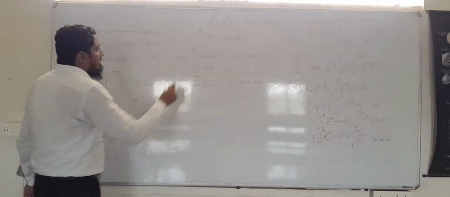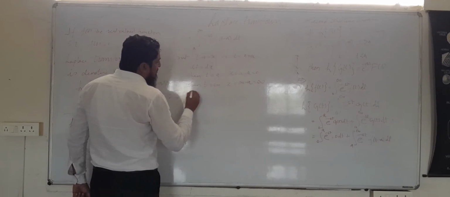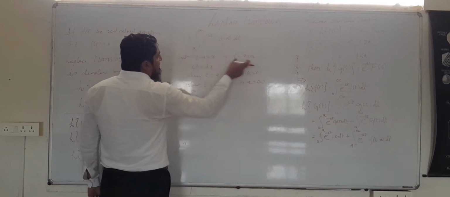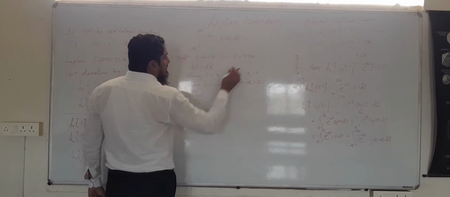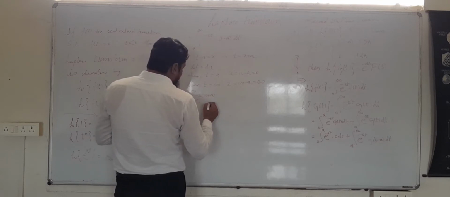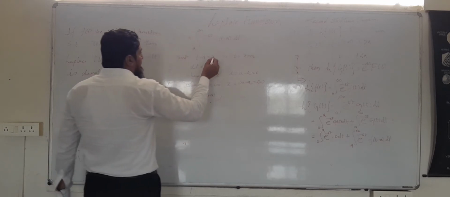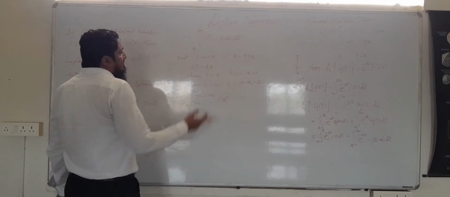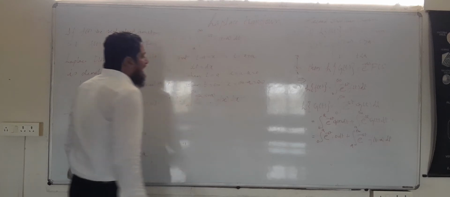So this integration becomes integration from 0 to infinity of e raised to minus s into x plus a, correct? Into f of t minus a. We have replaced t minus a with x, and dt becomes dx.